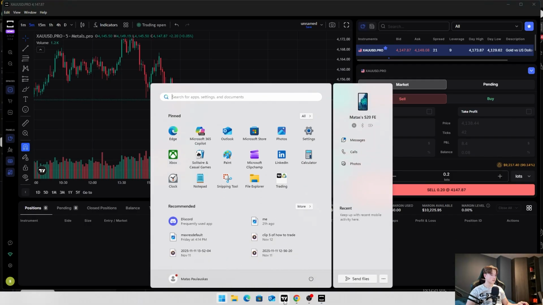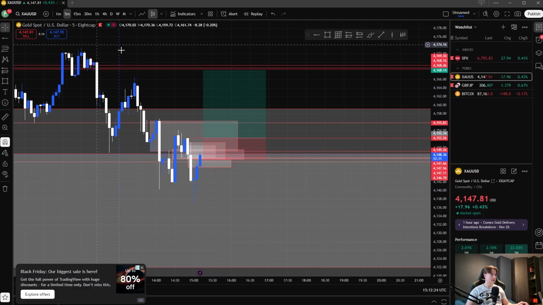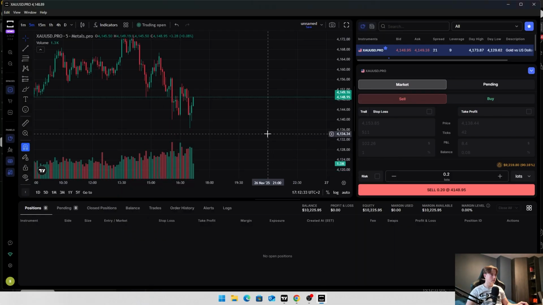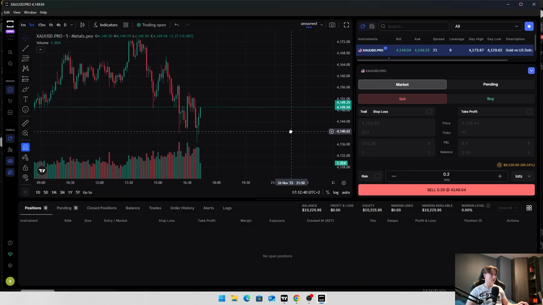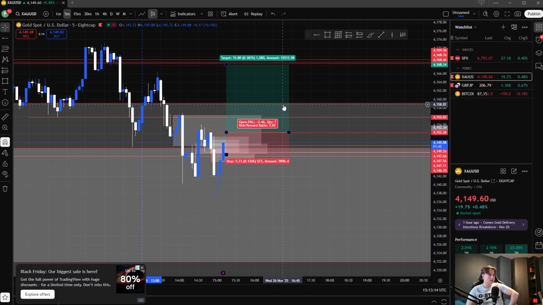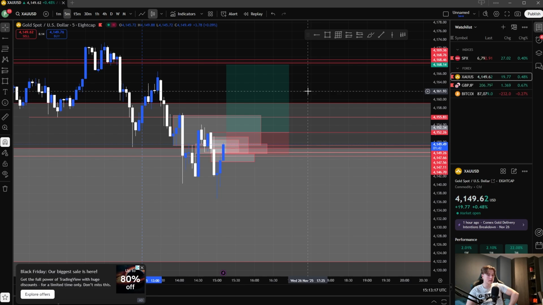So what will the market do? Will it react off of that order block and breaker block and go down? The market doesn't have that much power to go up. Okay, so it's rising. Slowly, but it's rising.